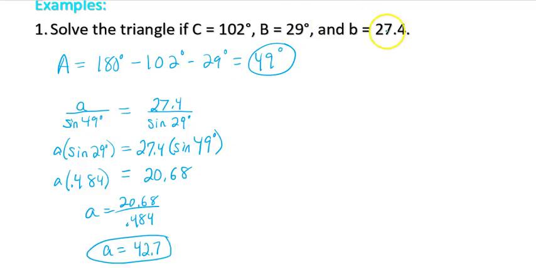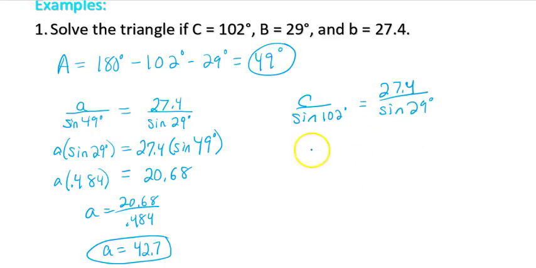And then we're only missing one thing, and that's side C. So I'm going to do the law of sines really similar to what I just did with A. So I'm going to say side C over the sine of angle C. And again, I'm going to go back and use the B because I know both of those parts. And even though I know the A parts here, I've kind of rounded some, so I want to make sure I have the exact amounts if I can. So I'm going to use 27.4 over the sine of 29.